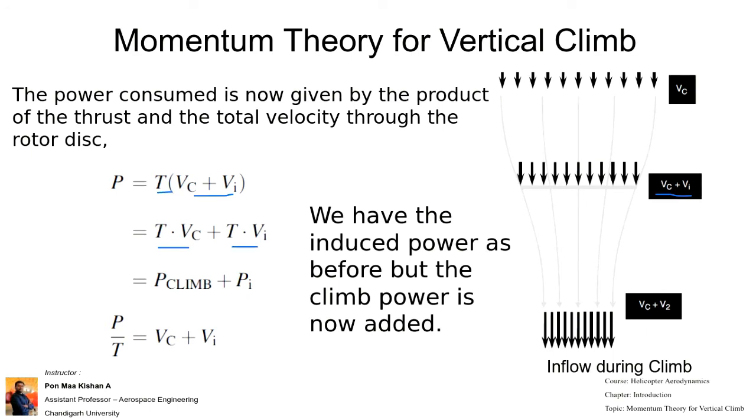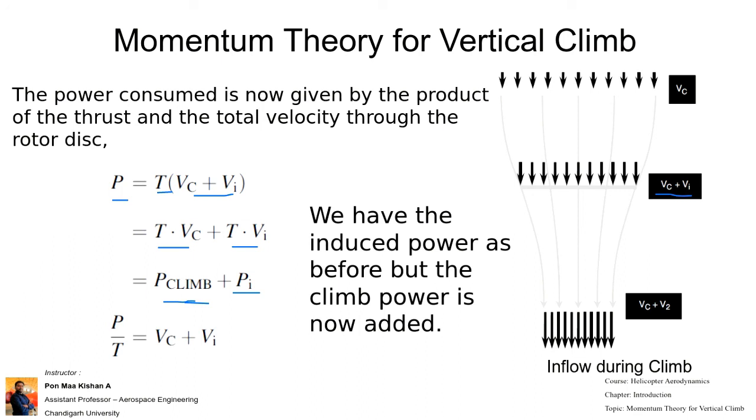Thrust into Vc is the power required to climb, whereas thrust into Vi is the power induced in the rotor. So the total mechanical power is written as two terms: power required for climb as well as power induced in the rotor.